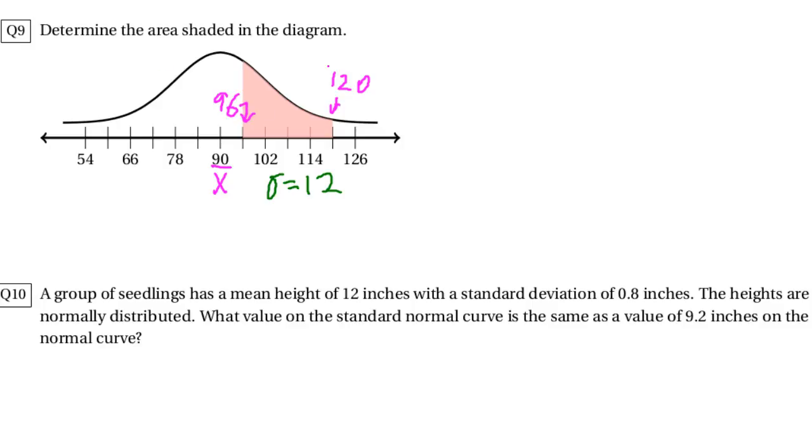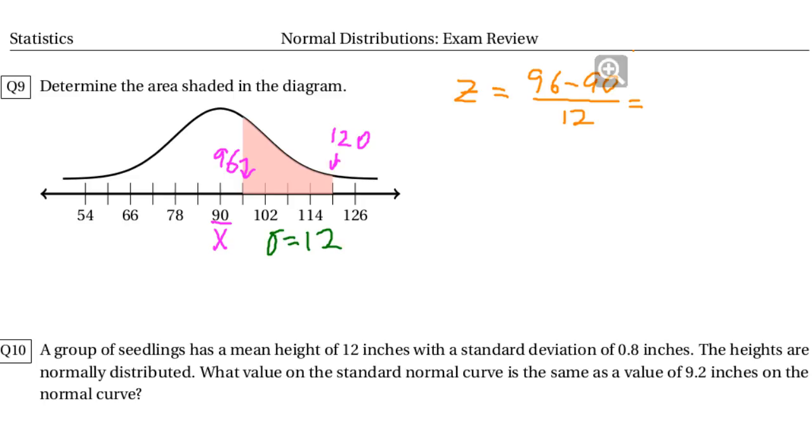So taking a look here. First, I know I need to convert these to z-scores. So if I take the first z-score, 96 minus 90 divided by 12, because that is my sigma, I got 0.5.